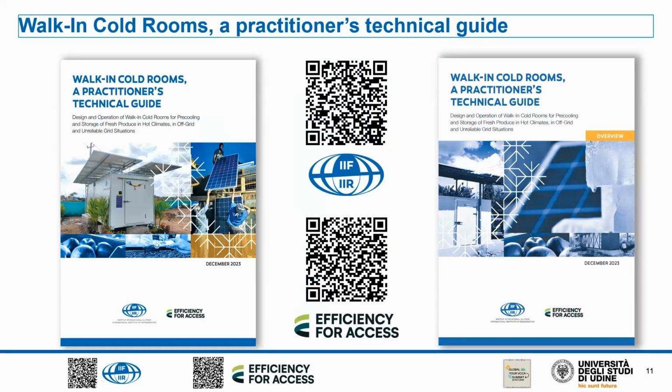The guide is freely available as a PDF file on both the IIR and the Efficiency for Access websites. You can see here 2 QR codes, and you can anyway log into the websites of both the associations. You will find both the guide on the left with more than 200 pages, but also an overview for a wider audience, less technical and more strategic.